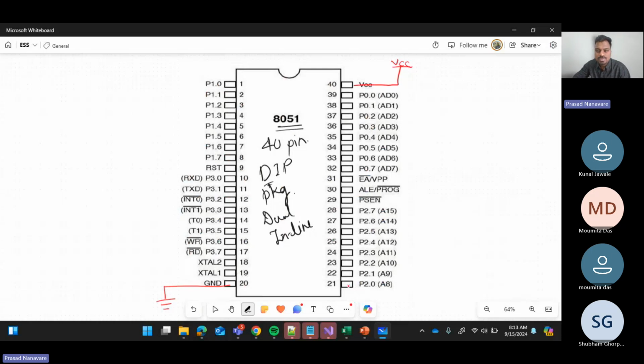Next we come to our port 0. I already told you that our microcontroller is... I'm so sorry, not 4 bit, 4. There are 4 ports in our controller.